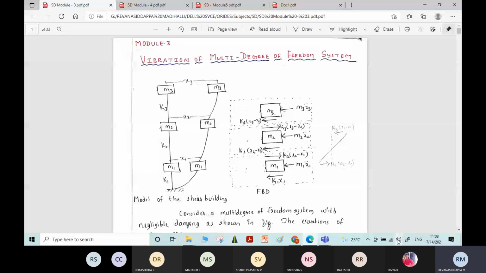I will give you some hints with respect to examinations and with respect to the subject as well. Module 3, here I am not going to discuss in depth about any topics. For the examination point of view, whatever is required at this point of time, that only I'll discuss.